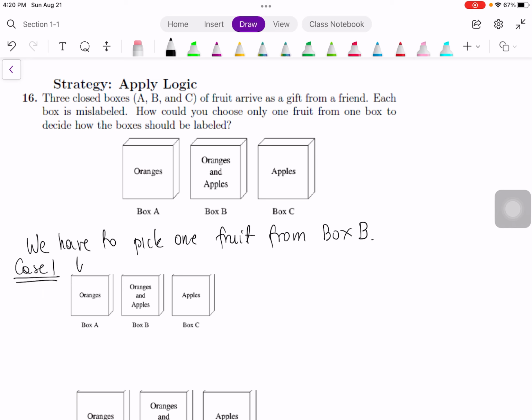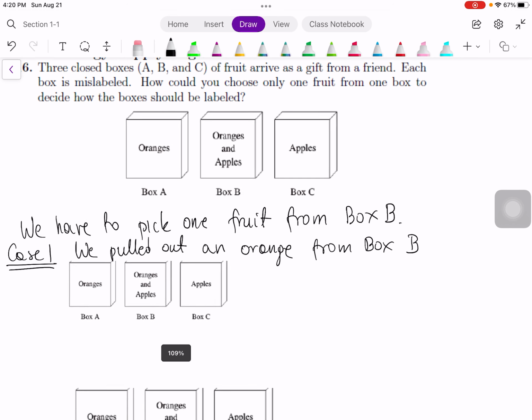Okay, we pulled out, and let's start with an orange, it doesn't matter, an orange from box B, the middle box. If we pull the orange, then I know this is just oranges, a box containing just oranges.